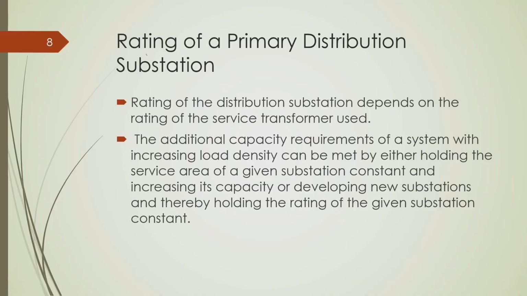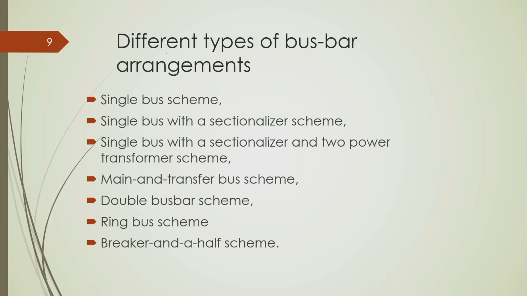Now, the rating of the substation depends, as I said, upon the service transformer that you have, but of course, for some additional capacity requirement you can increase the capacity of the substation in future by installing additional transformers. These are the different types of busbar arrangement. Okay.